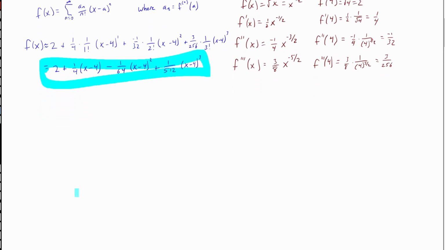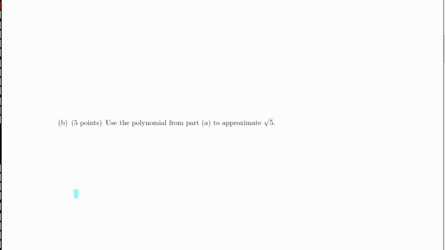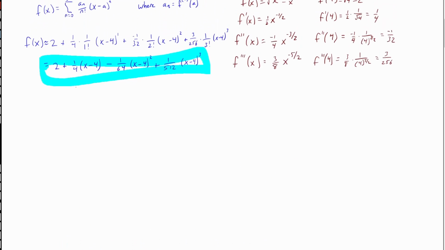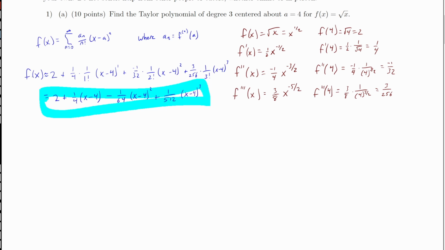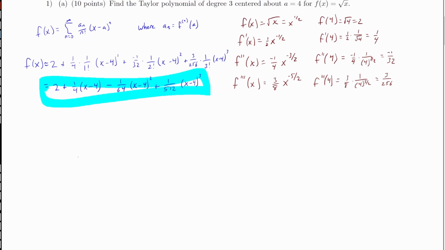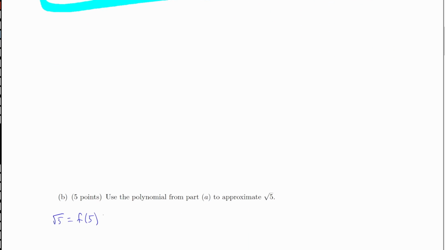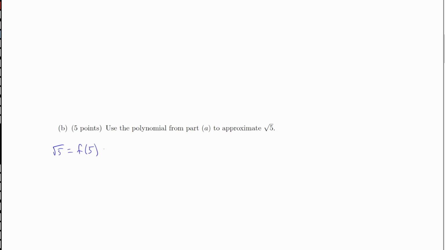In part B, what we would like to do is to use that polynomial to approximate the square root of 5. So remember what we did with approximations before. Square root of 5 for this function is exactly f of 5. And if we have a polynomial that approximates f of x, if I want to evaluate f of 5, I'm going to plug 5 into that polynomial.